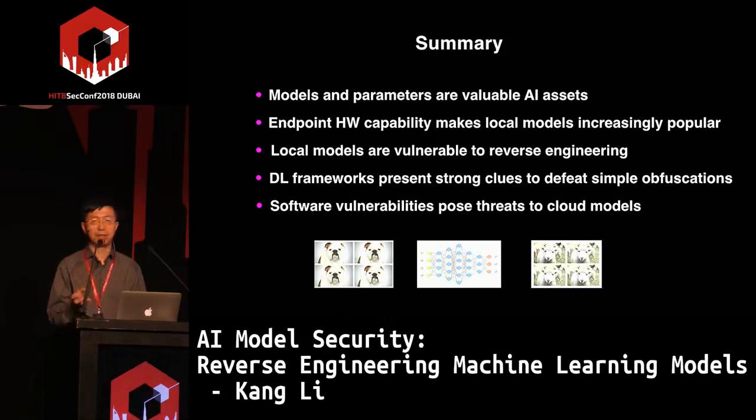But because deep learning frameworks are really complex, most applications are not building their own deep learning framework, so they are actually using existing ones. They end up using these in their application, and these frameworks really provide strong clues for reverse engineers. And at the end, I also want to emphasize that if you have a software vulnerability buried in your supply chain, either in your supporting library or in the deep learning framework, that can potentially also compromise your application, even if you put the models on the cloud side.